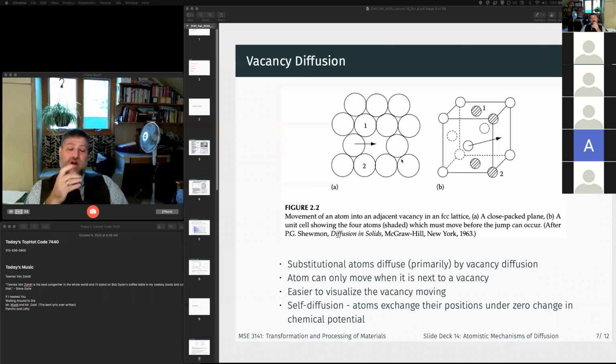Again, we'll talk about this in more detail, but that's the big picture. So the rate equation looks very similar to the rate equation that we saw in the previous section.